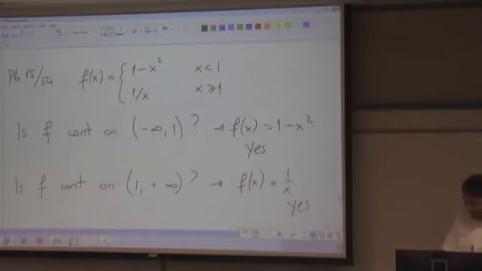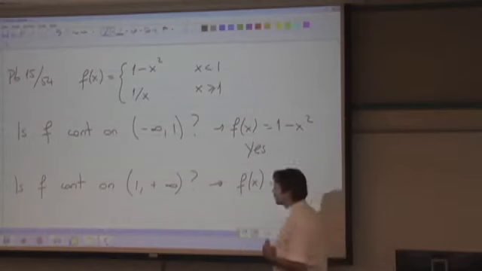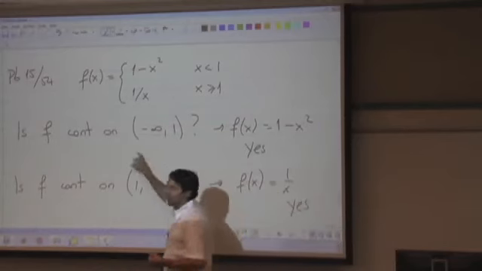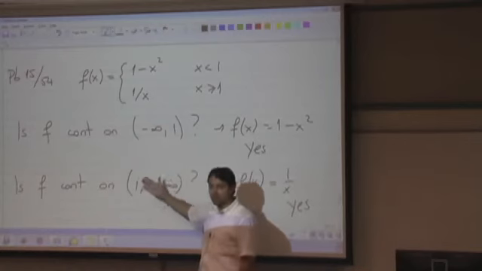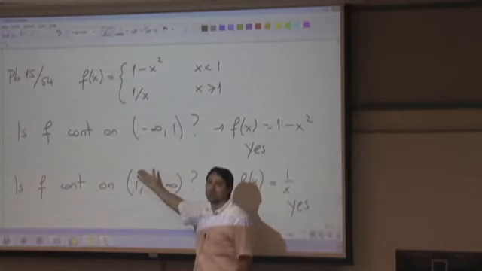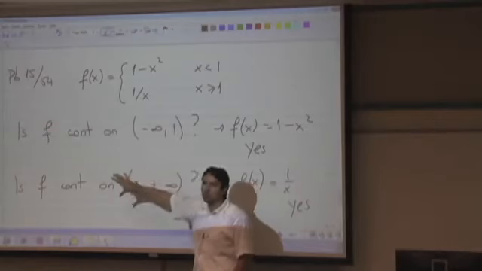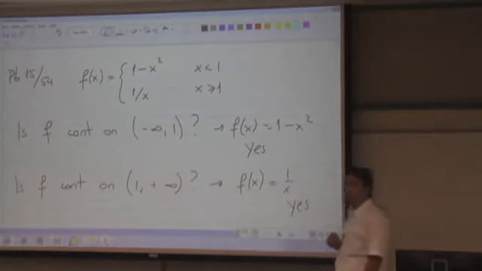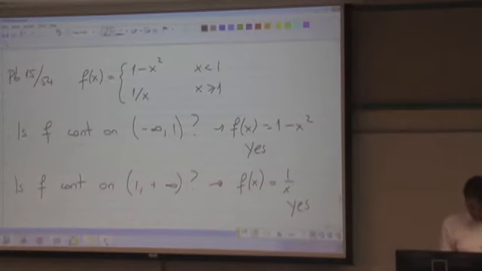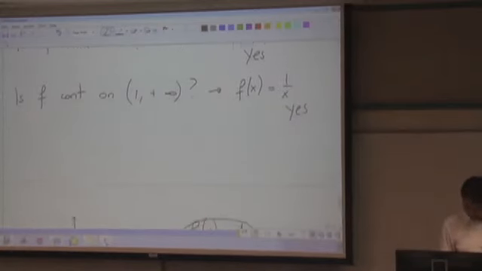You were only asked to say why the function is discontinuous at 1. This was actually bonus. I just wanted to give you a little bit of perspective on how to figure out when functions are continuous or not. Okay? So technically, when you do 14 and 16, you don't have to do this. Your only focus is at x equals 1. That's it. So the bottom part. Yes. Okay?